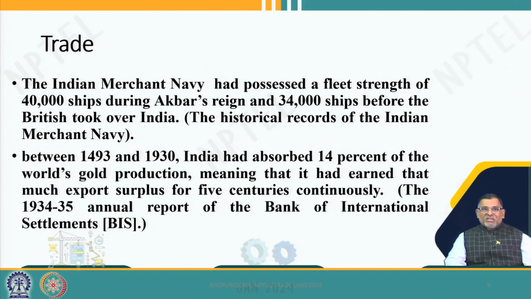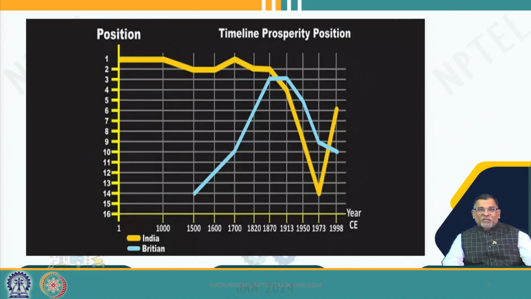Even during the British time, India was one of the largest producers of gold. What does it mean? It means that we were producing, at the same time the raw materials were taken away from India, and the colonial masters made wealth out of Indian resources. So, it became 25% to 2.5% in a very small period of time.